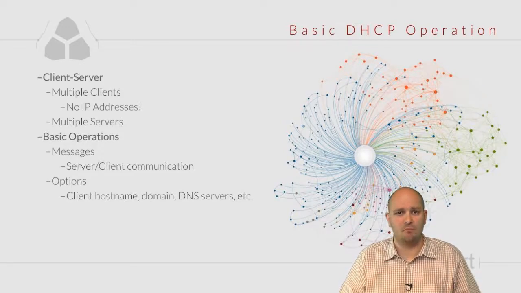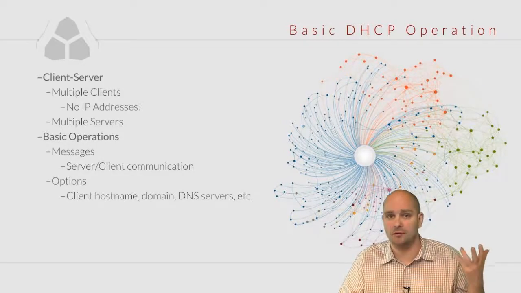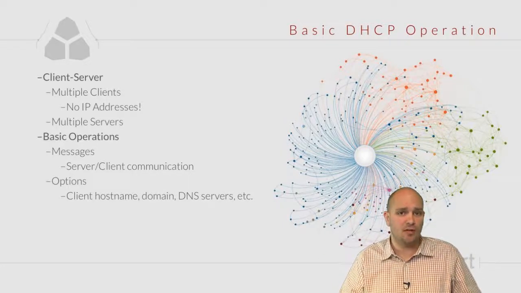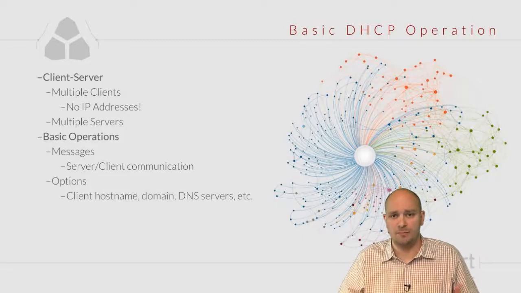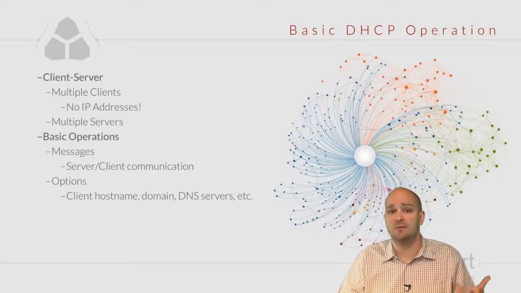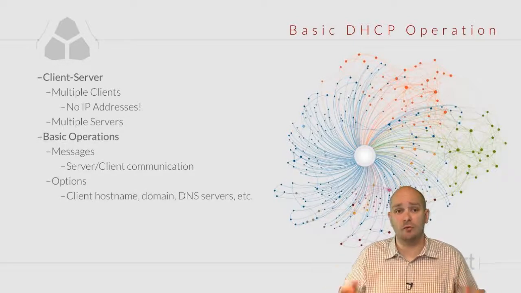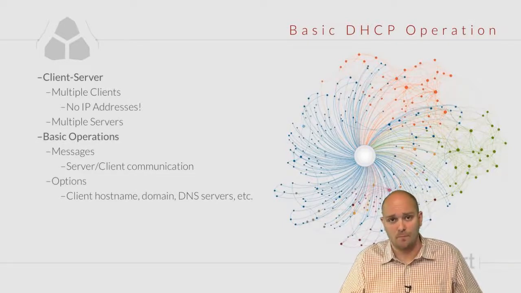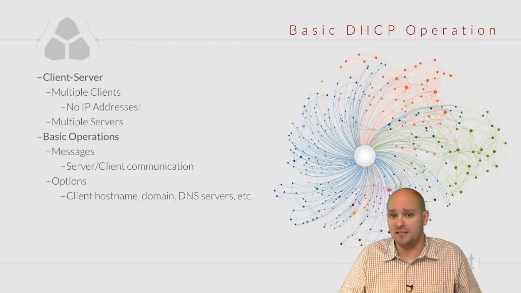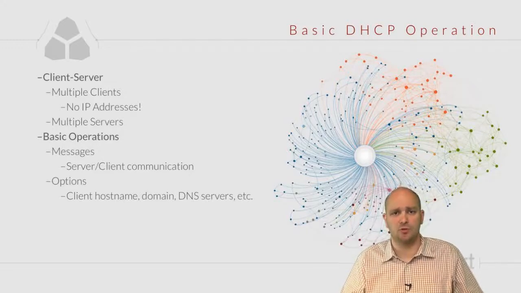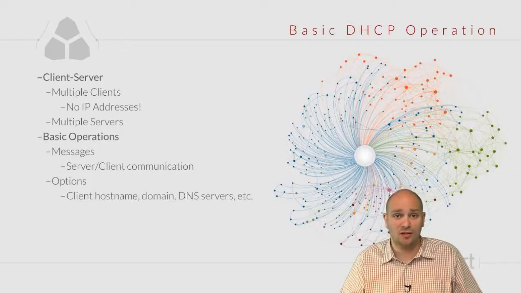DHCP options usually have numbers like 50, 51, 49, 82, whatever they might be, and these options carry requests and information about, for example, client host names, the client domains, the DNS servers to use, the TFTP servers to use, the location information where the request in the network is coming from, and so on. We are going to talk about only a subset of these messages and options, and in some of the other modules we are going to dive much deeper into this, because this is not very straightforward sometimes.